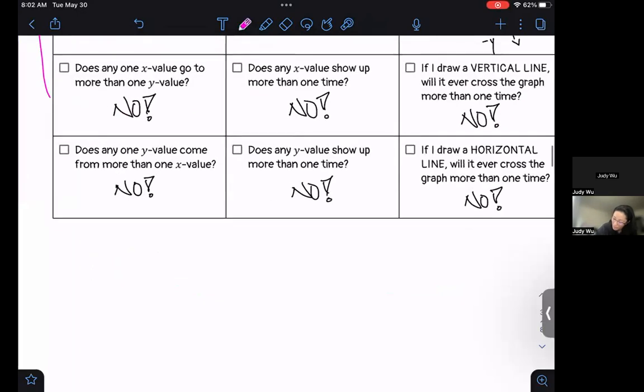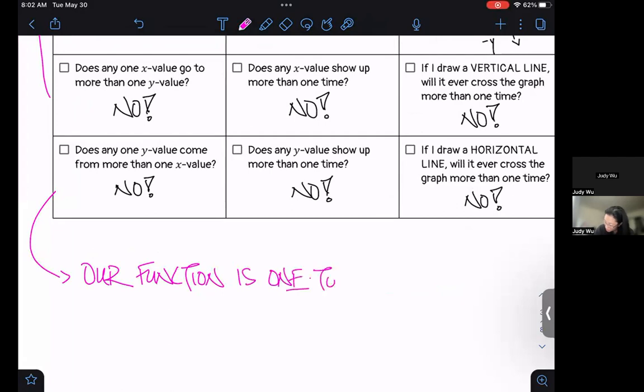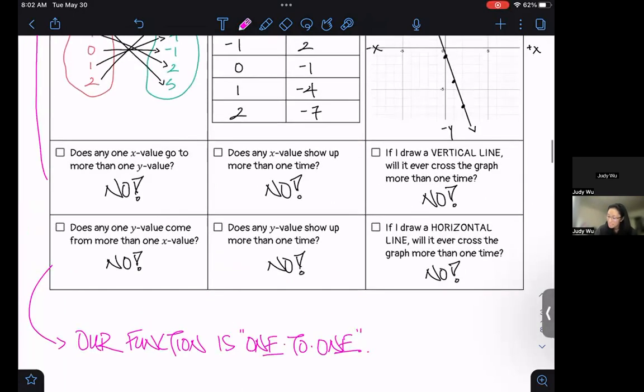That means that our function is what we call a one-to-one function. All it means to be a one-to-one function is that every x value has a y value and every y value has an x value. We don't double dip on those. They don't share any y values here. Every x value has its own y value.